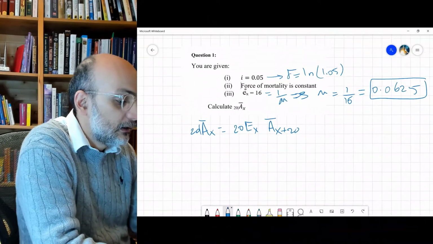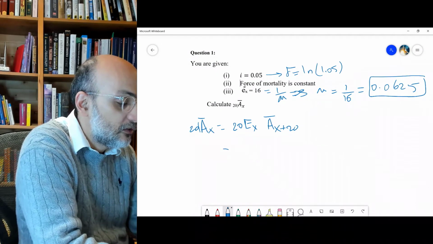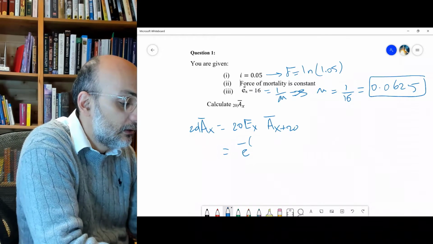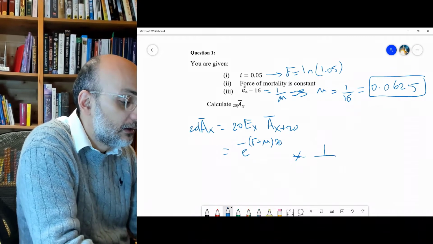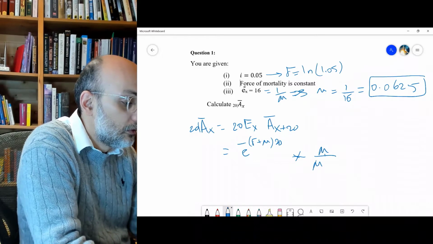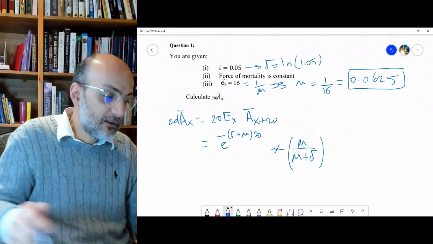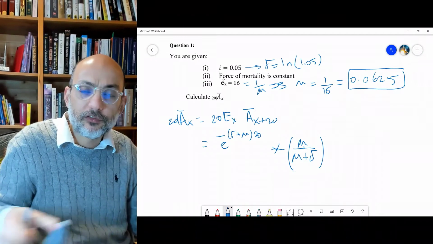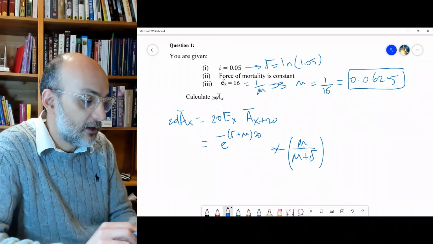But because it's an exponential distribution, this will be e to the minus (delta plus mu) multiplied by 20, then everything multiplied by mu over (mu plus delta), right? All you need to do is substitute. I didn't put the numbers here because it would take a lot of effort to write so many decimals. It's easier to put them in your calculator all at once.